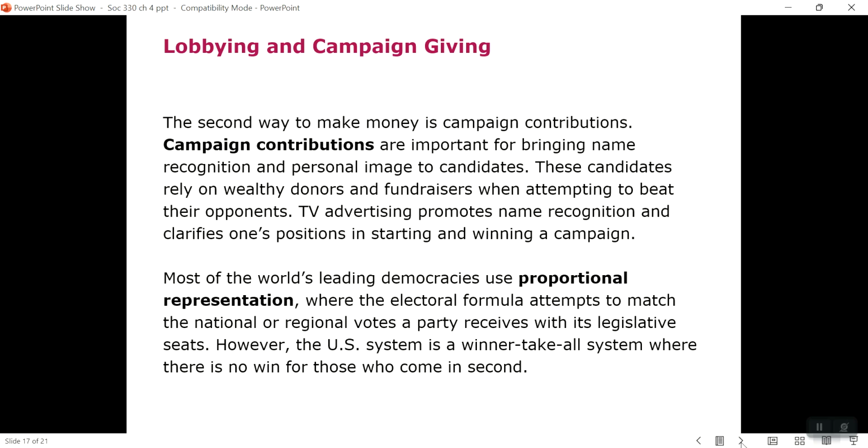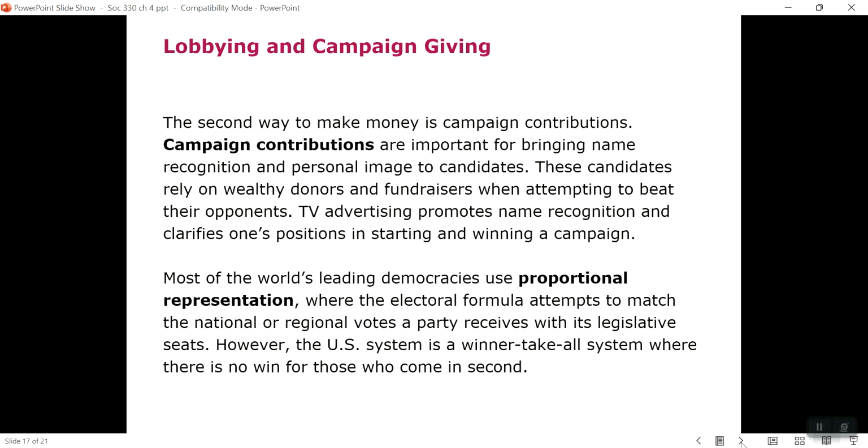What's really interesting, and this is where I want to finish up, what's really interesting about the United States when you compare it to other democracies that are comparable to the U.S., most of Europe, Canada, Australia, New Zealand. When you look at those democracies, they use a political system that is based on what we call proportional representation.